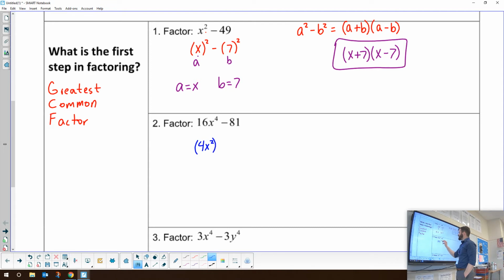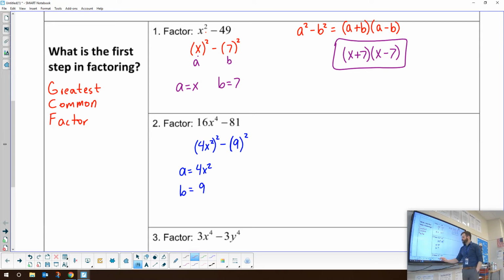So we're going to have 4x squared, squared, minus what times itself equals 81? 9. So this one's going to be 9 squared. Okay? So this is my a and my b. So my a is 4x squared, and my b is 9.